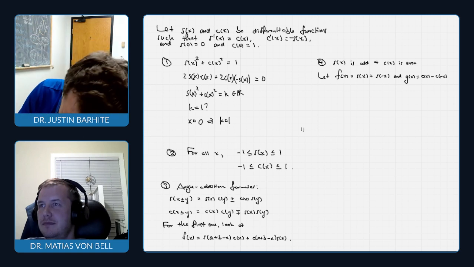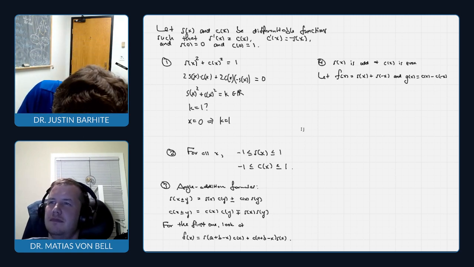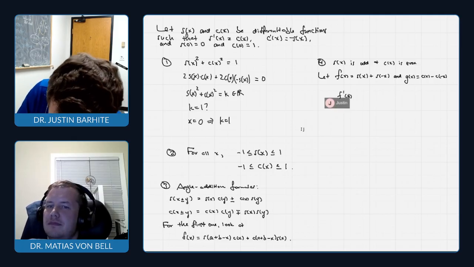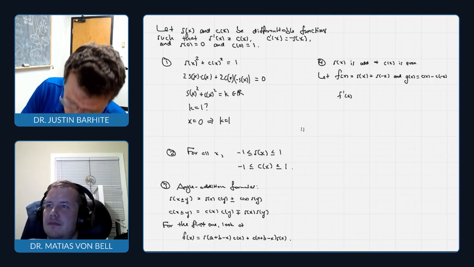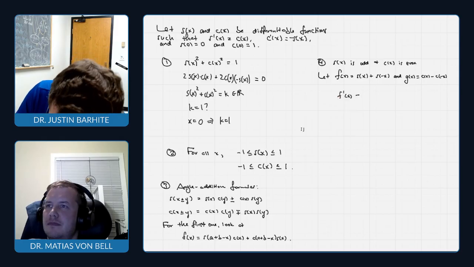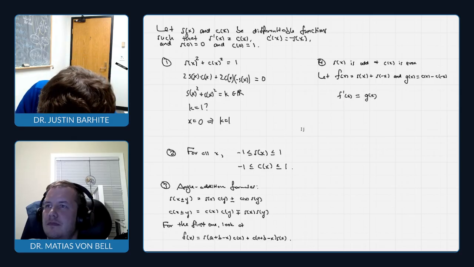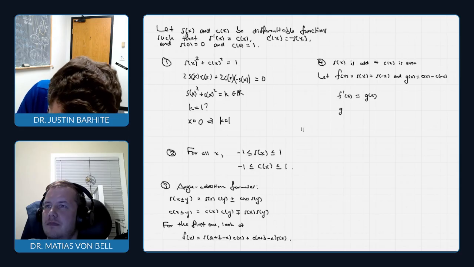But what I'm going to observe here, this is so clever, and I did not come up with this myself, is that we saw that f prime is g, and g prime, sorry, I think I said you get f of x.